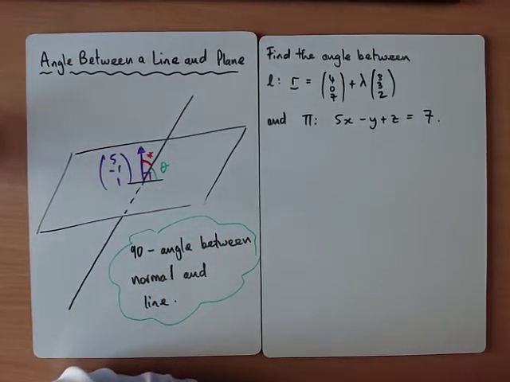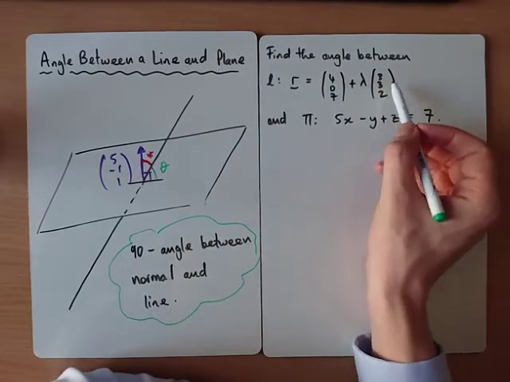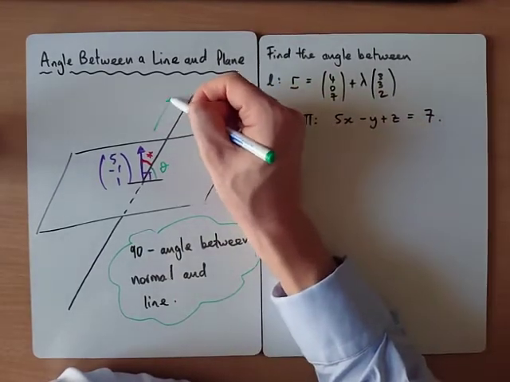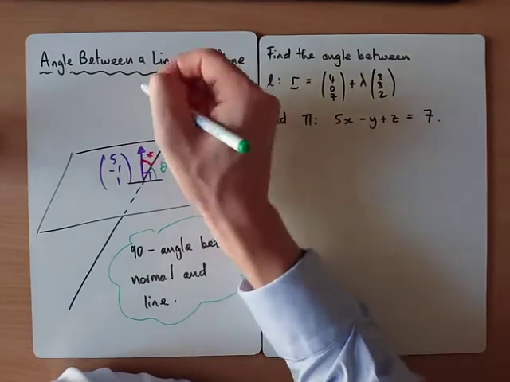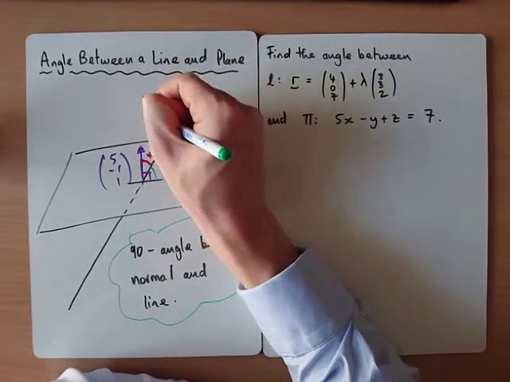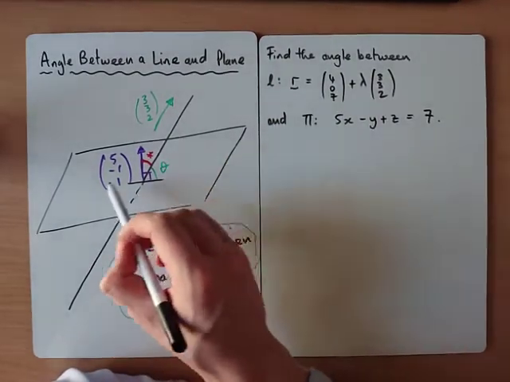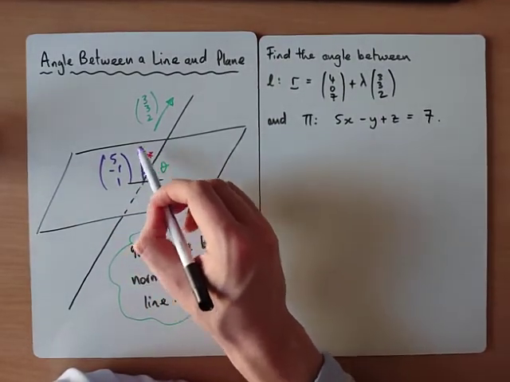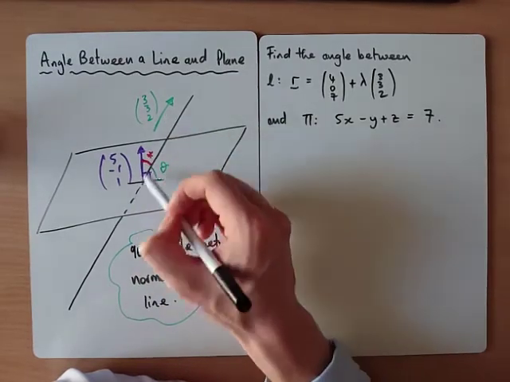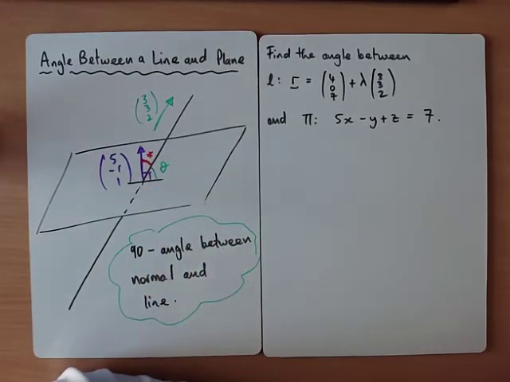And the line is going in the direction (3, 3, 2). So if we want this angle here between the line and the plane, let's first of all find the angle between the line and the normal vector.